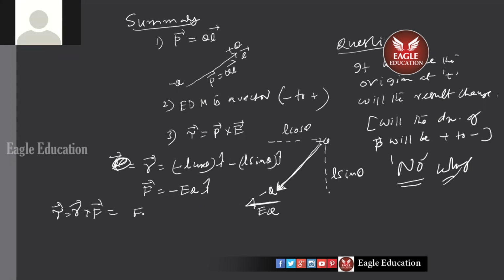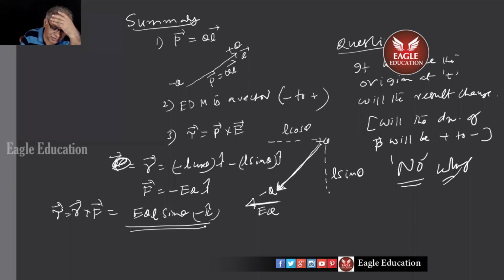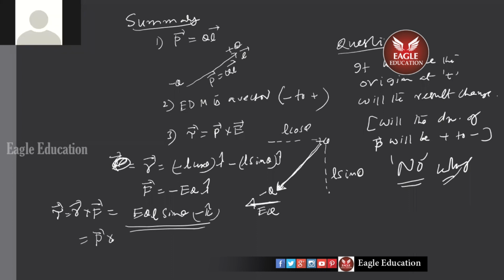EQ L sin theta, and j cross i is minus k cap. The same thing is what you see, which means I can still write it as P cross E, where P is from minus to plus.